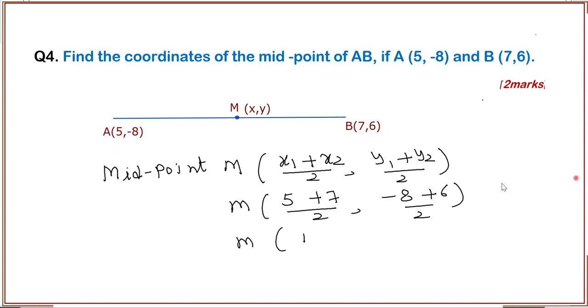Simplify. 7 plus 5, 12 by 2, and minus 8 plus 6, that is minus 2 upon 2. On further simplification, that is 6, minus 1. So the coordinates of the midpoint M will be 6, minus 1, and this is the answer.